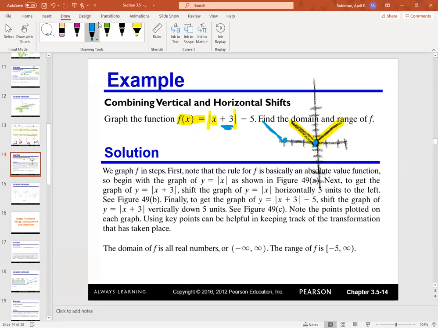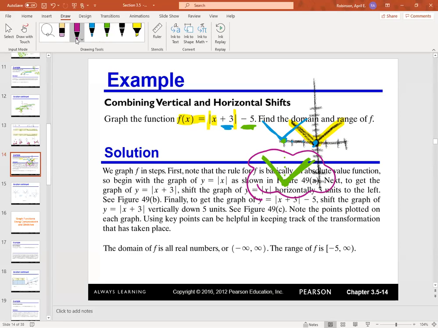So the first movement is going to be this. Then I have this minus 5, which means this point is now going to come down 5. So it's going to go 1, 2, 3, 4, 5. And the final location of the V would be right there where the green is. This would be my final answer for the graph.